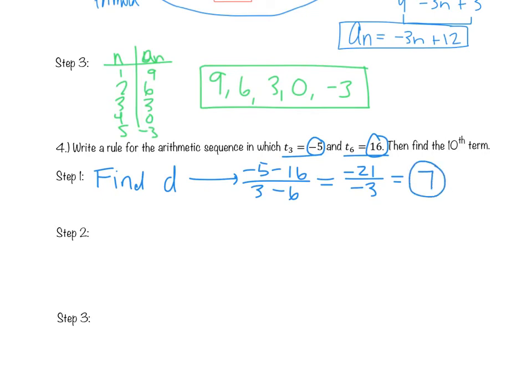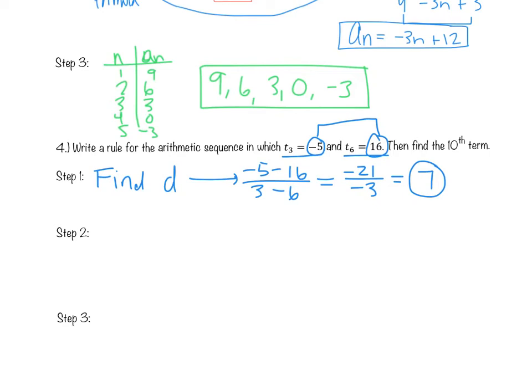Subtract the terms and divide them by the term numbers, and that is how you find d. It's going to take a little bit of practice to remember which ones go on top and which ones go on the bottom. The terms go on top, the term numbers go on the bottom.